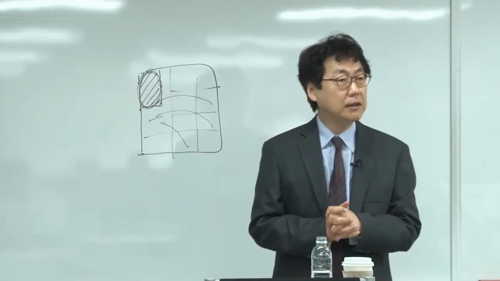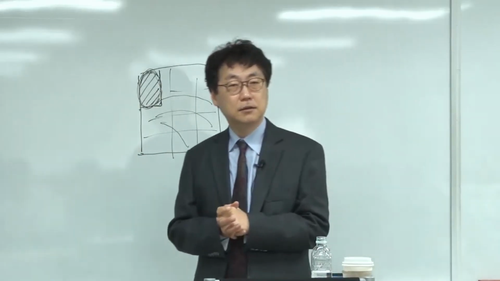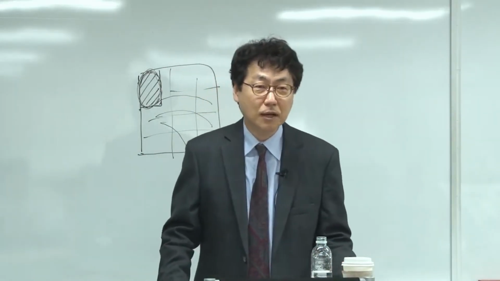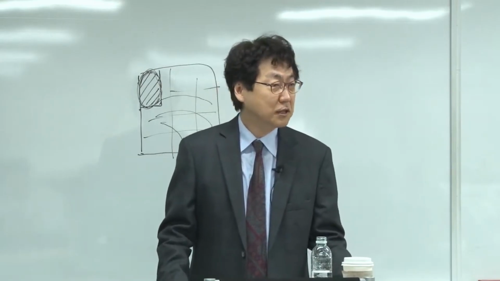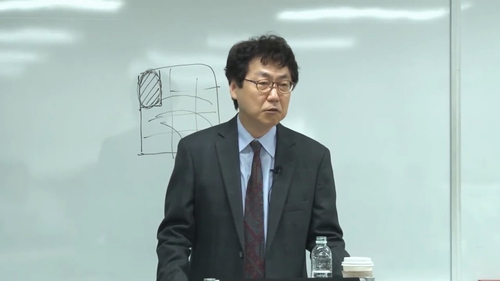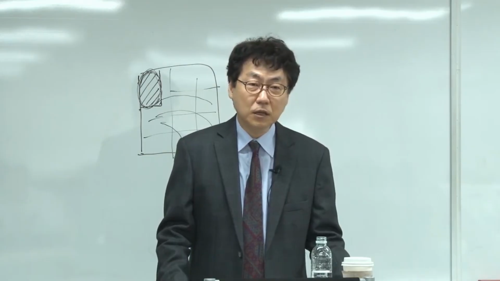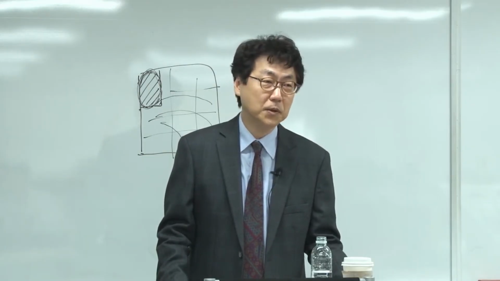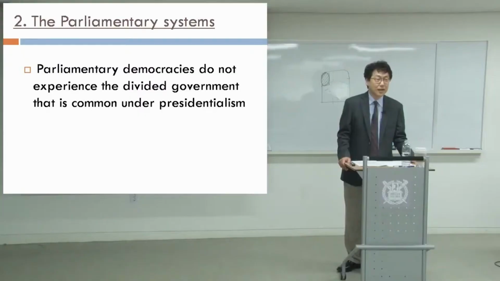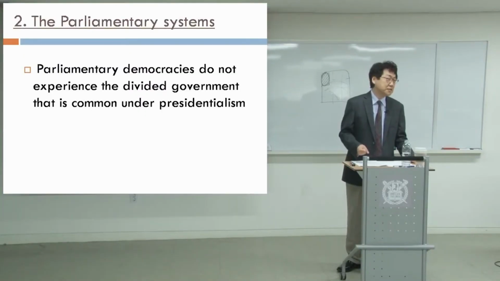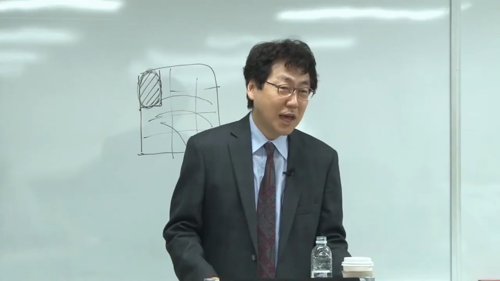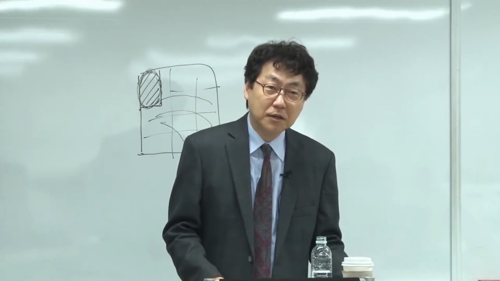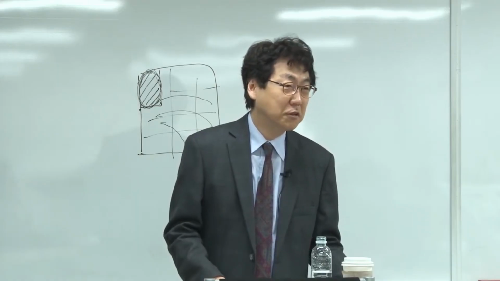How about Korea right now? Do we have a divided government? Probably not, right? The 새누리당 has the president, and 새누리당 also has close to, does it have a majority or close to it? I have a feeling that even if it does not have one today, it will by the end of April 24th.